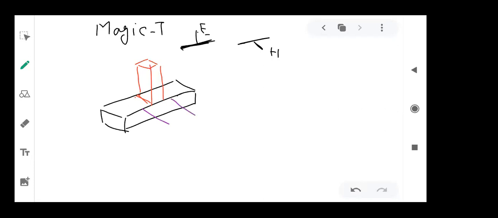It's wider. But the cross-sectional dimension will be the same for all the waveguides, whether it is auxiliary or primary. It's like this. So you can see it is simply the combination of E plane T and H plane T, and the name is given as magic T.